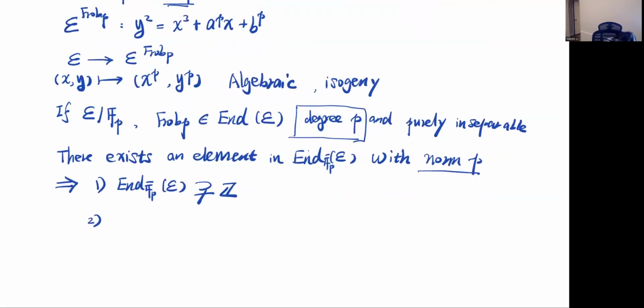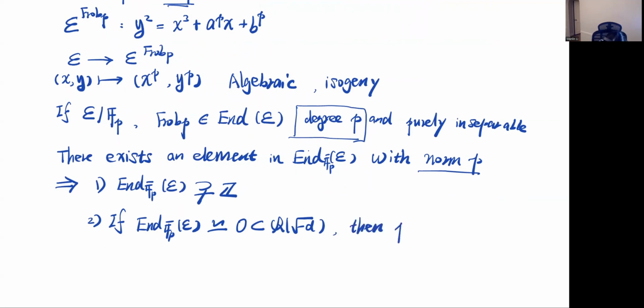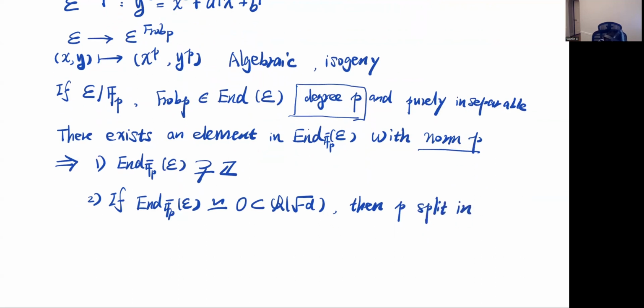And secondly, if the endomorphism ring of E over FP bar is isomorphic to an order O in Q adjoin the square root of minus D, an imaginary quadratic field, then it has to be the case that P splits in this quadratic extension, because otherwise I would not have an element of norm P, right?